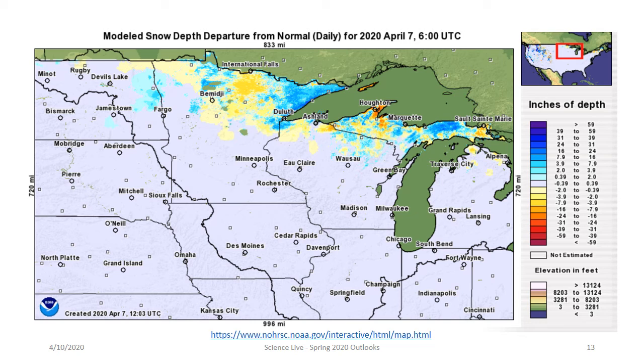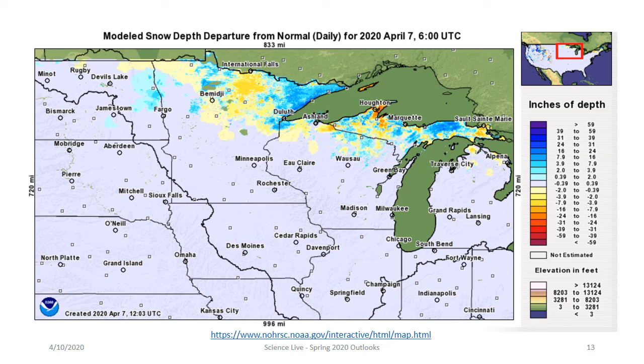What this plot shows us is where you see warmer colors, yellows, that means that part of Minnesota or even Wisconsin in the upper peninsula of Michigan are below average snowpack for this time of year. Now, on the opposite side of that, wherever you see blue, that's where we're seeing above average snowpack.